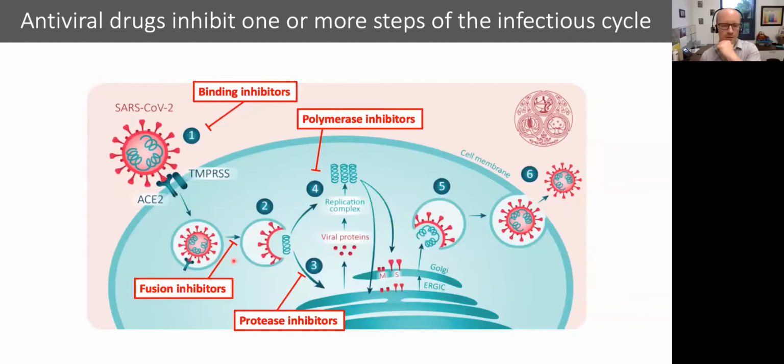So these are some of the steps that people have been working on to develop drugs or test drugs that might block SARS-CoV-2 replication. There are drugs that interfere with binding, so these could be antibodies. A clinical trial for promising antibodies that might work on this was just recently announced. There are drugs that interfere with the fusion step of the infectious cycle. There are drugs that interfere with the proteases that chop up those big proteins into smaller proteins. There are also drugs that interfere with the replication of the viral genome, so they interfere with the viral polymerase.